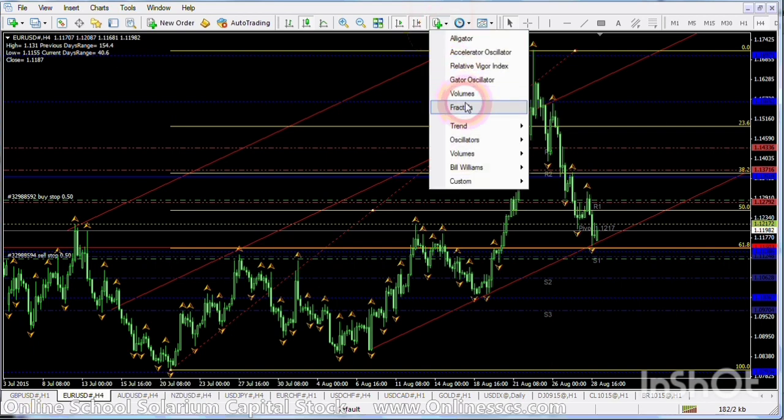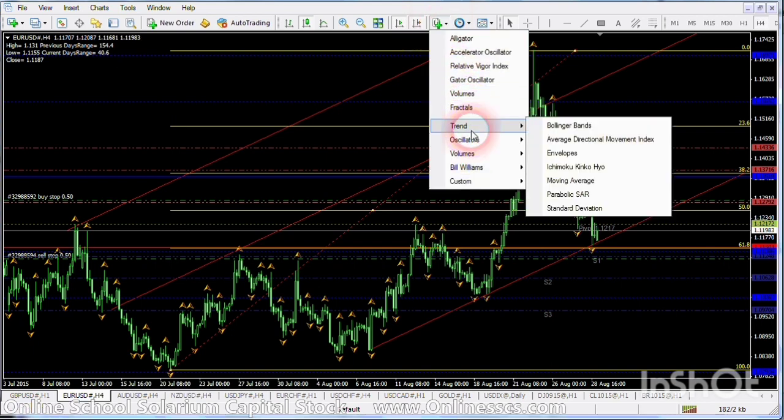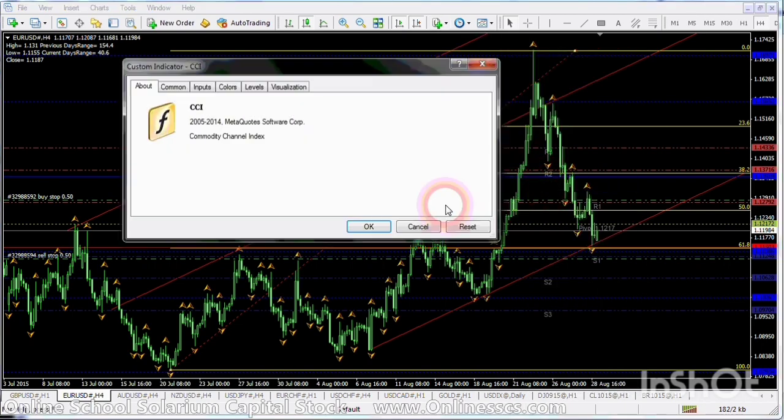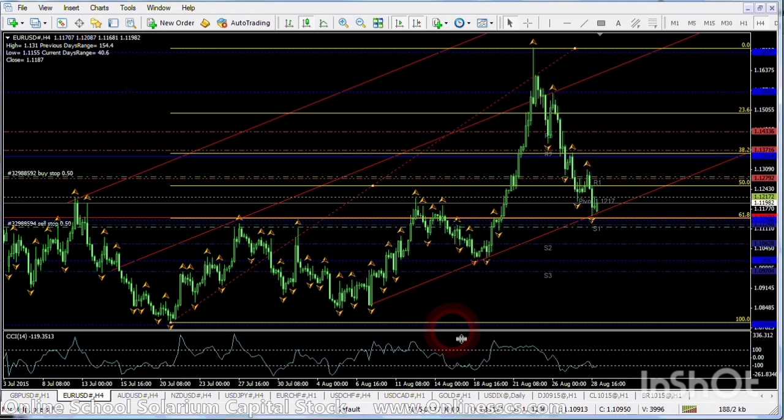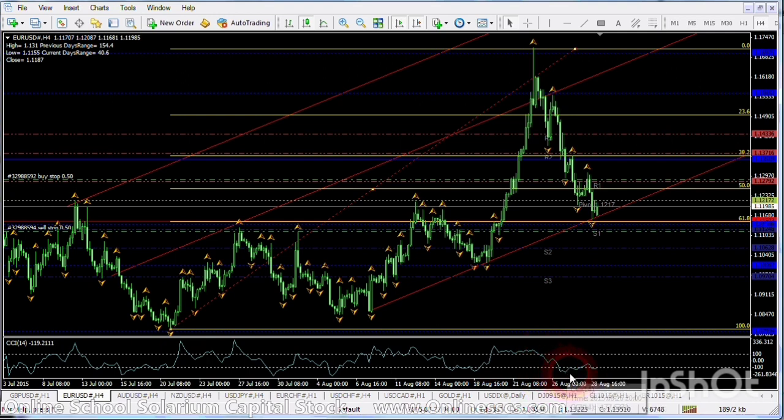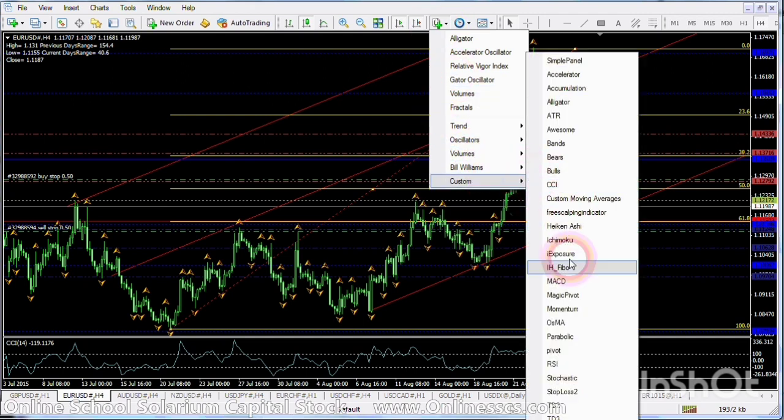Okay. Now, the tools that I've taught you, the important ones. The indicators that are important. I can do CCI. CCI is telling me that it has gone upwards from the risky zone. It has told me to wait, so I can't trade right now.